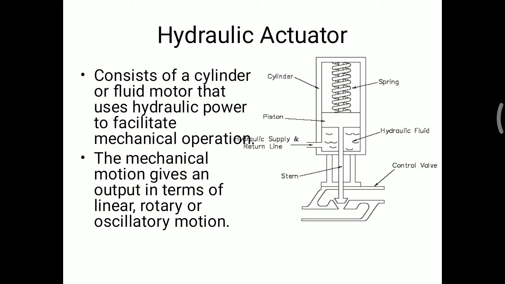Then hydraulic actuators. Hydraulic actuators consist of a cylinder or fluid motor that uses hydraulic power to facilitate mechanical operation. The mechanical motion gives an output in terms of linear, rotary or oscillatory motion.